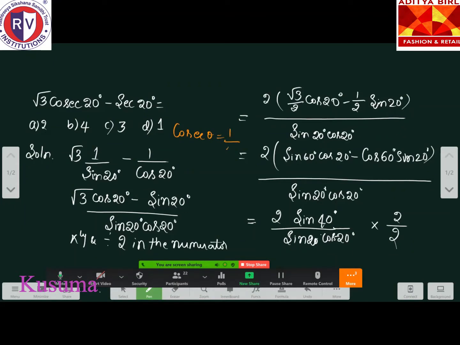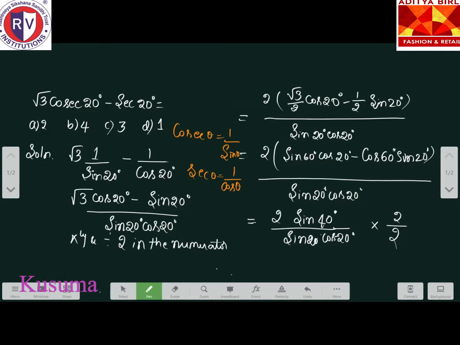And secant theta is 1 by cos theta. So here we are replacing cosecant 20 degree by 1 by sine 20 degree and secant 20 degree by 1 by cos 20 degree. So let us take the LCM and simplify.